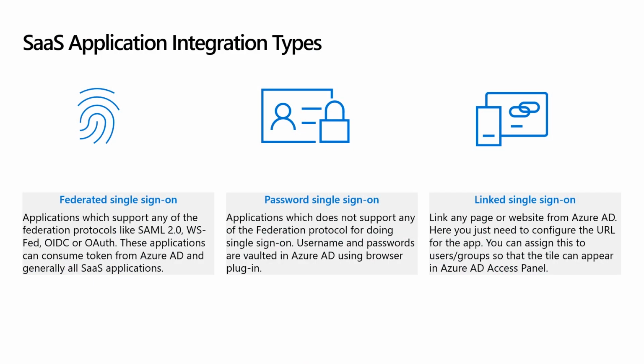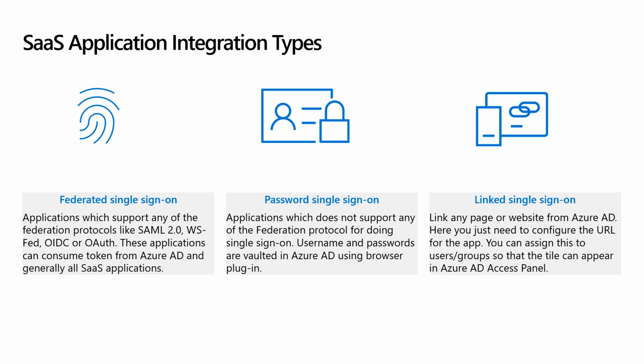And the last type of single sign-on that we support is link single sign-on. Here, most of you must be using some intranet site or SharePoint. In that case, you want to create a link which appears on the access panel as a tile, and then once clicking on that, it should just redirect a user to a specific page.